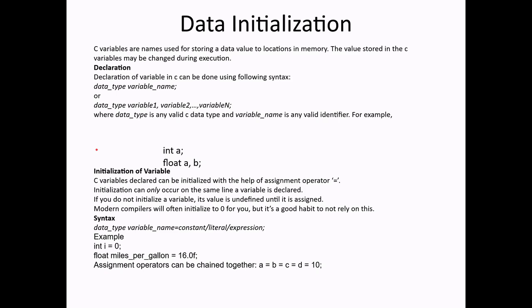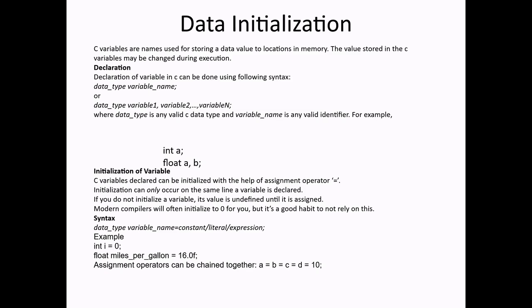Lastly, data initialization. This is different from declaration and assignment. In C, when you declare a variable, memory is reserved for that variable. But nothing else is done for that chunk of memory. The runtime just says, okay, you can have this chunk of memory and whatever's in it. Usually this means you'll be getting 0, but sometimes you can just get garbage.